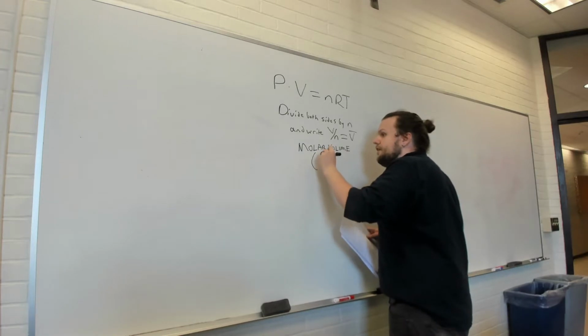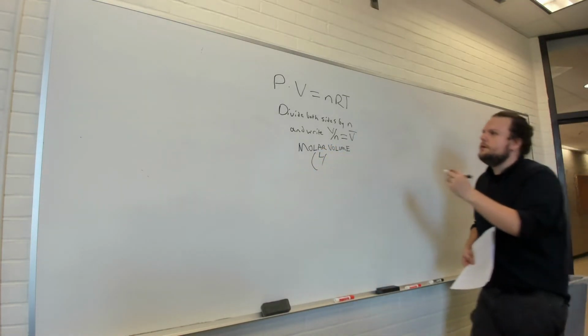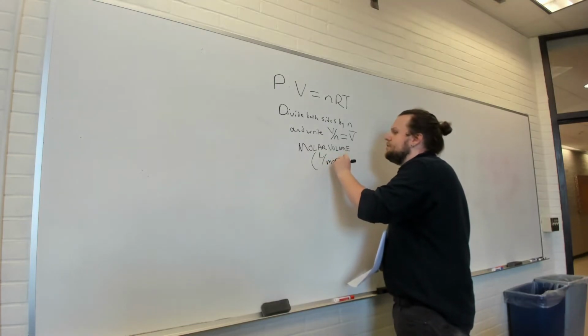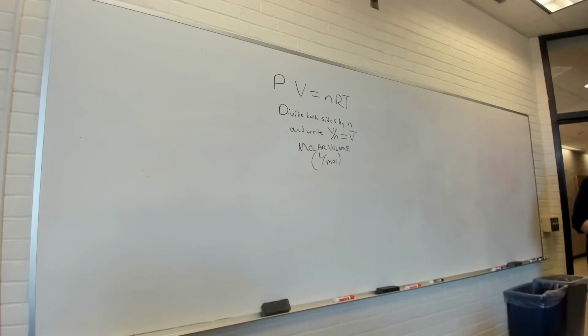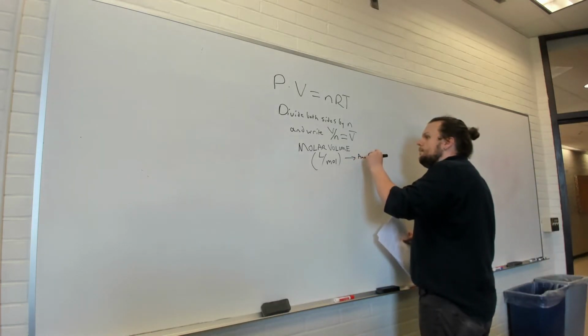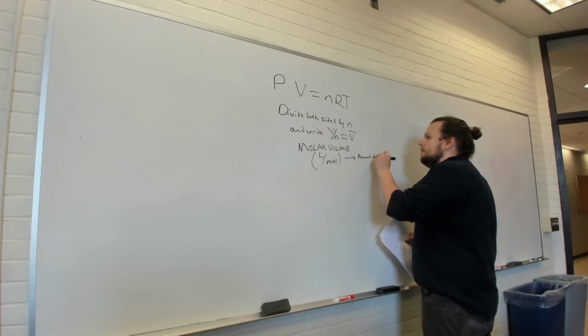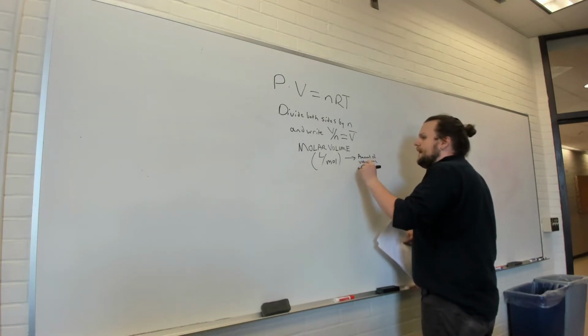It has units of liters, or whatever you like for your unit of volume, per mole. So at a given temperature and pressure, how much volume does a mole of your particles occupy? This is the amount of volume 1 mole of a gas occupies.